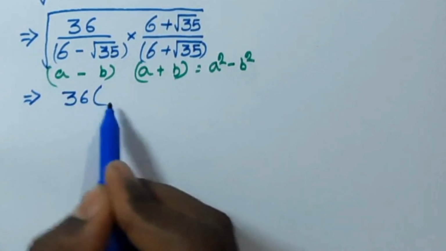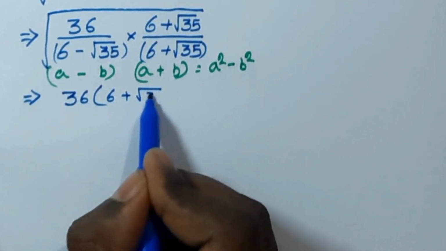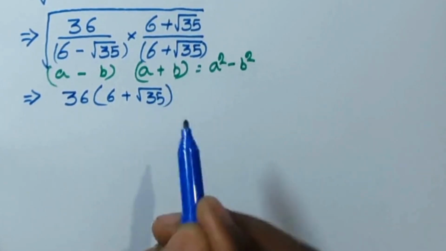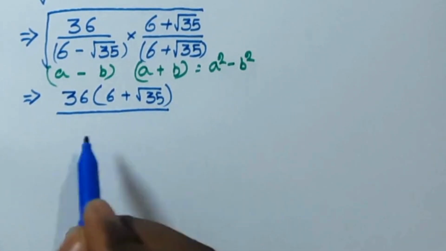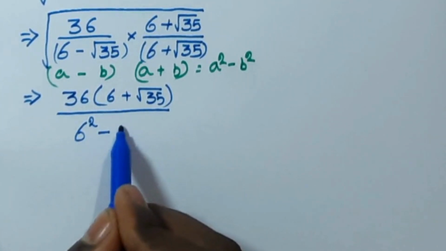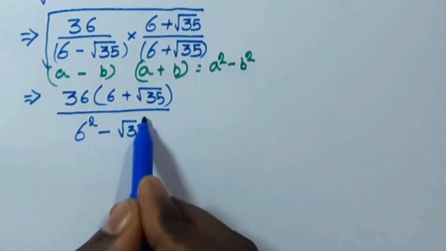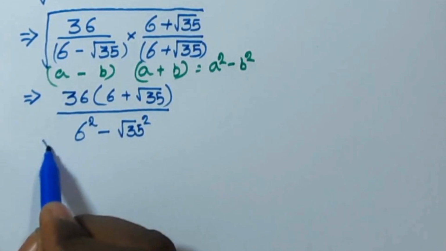36 open bracket 6 plus square root of 35 by 6 square minus square root of 35 square, whole square root.